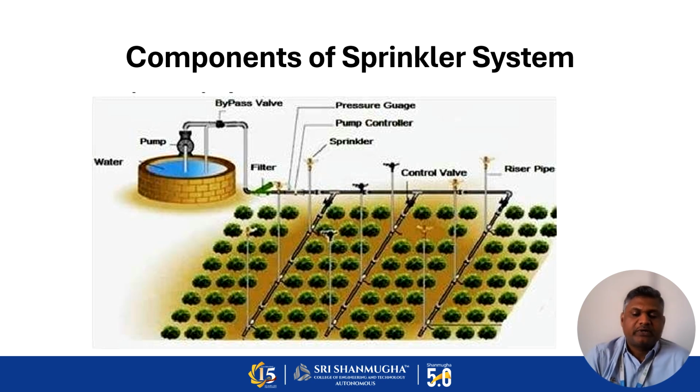The riser pipe, of a height of 1 to 3 meters, is fixed based on the location, and that depends upon the direction of wind and wind velocity. Since the wind velocity may be high, it affects the wetting pattern of the sprinkled water, and drift may occur. To avoid that, the riser height should be designed in a proper way.